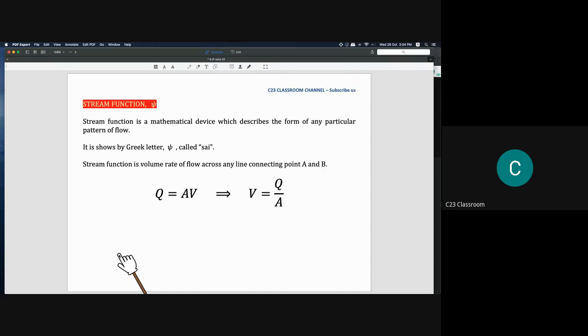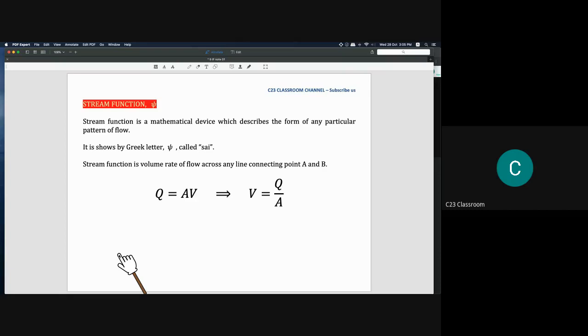If you see the Navier-Stokes equation or the continuity equation, it gives you a lot of parameters about velocity. So we have u, we have v, and sometimes for polar coordinates we have u theta, u r, and u z. They will calculate everything based on the velocity.